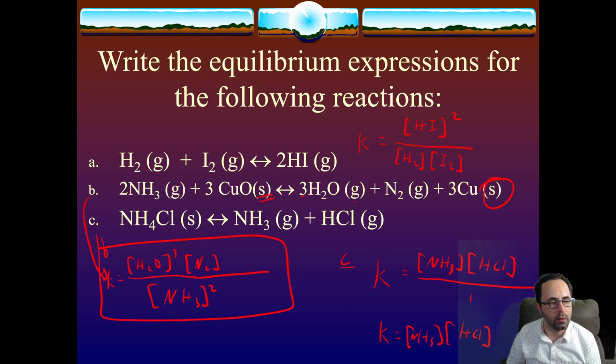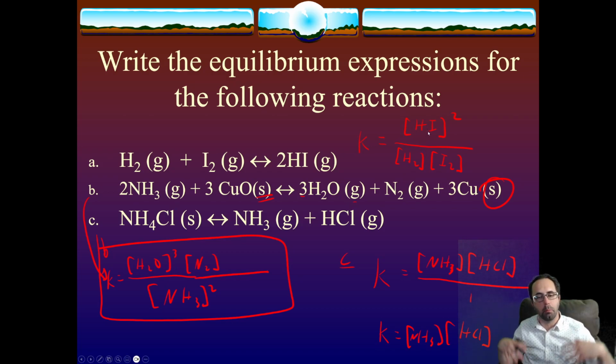And that is how you write the equilibrium constant. And again, it's products over reactants. So if you have a lot of products at equilibrium, that's going to give you a big equilibrium constant, greater than 1. If you have a lot of reactants at equilibrium and not a lot of products, that means the bottom of your fraction is going to be bigger. So you're going to have a number that is less than 1.